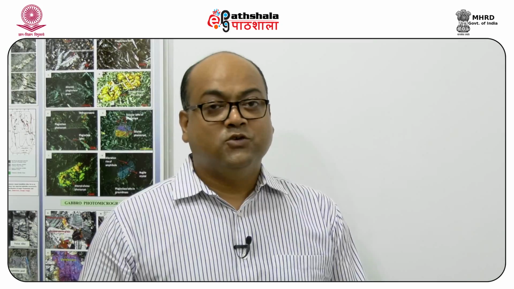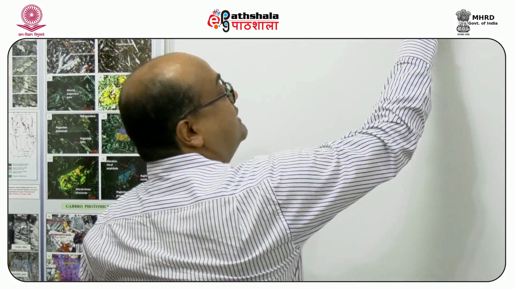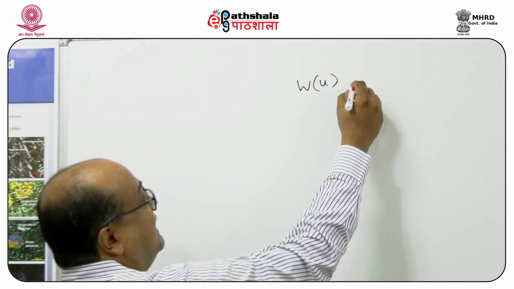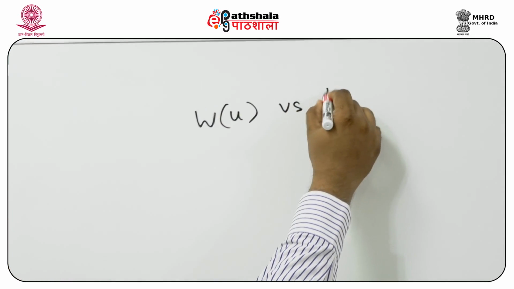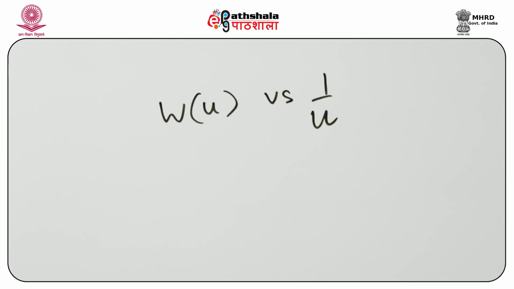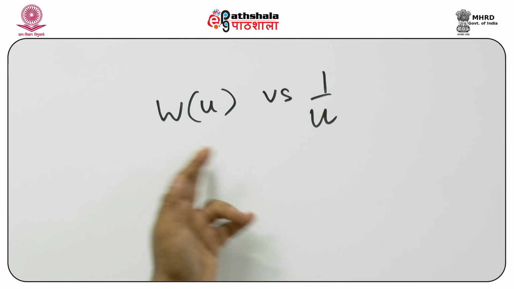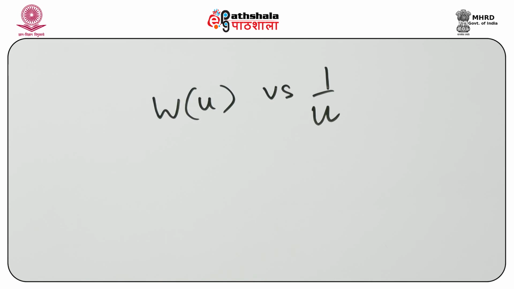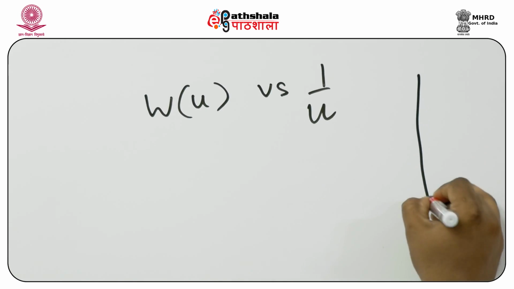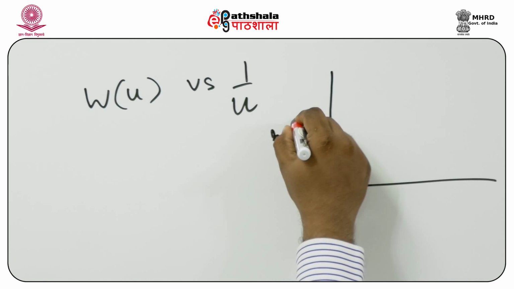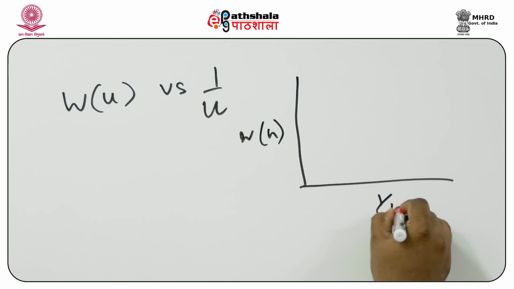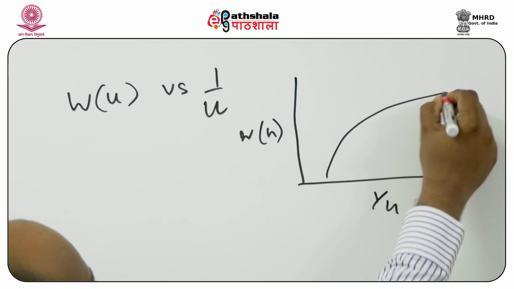Now, when we have the well function W(u), if we plot it versus 1 by u on fully logarithmic paper, that means both values are represented in log scale, the curve that is formed looks like this.